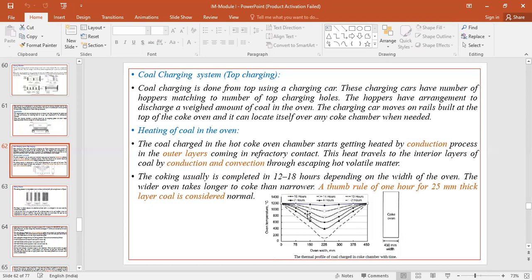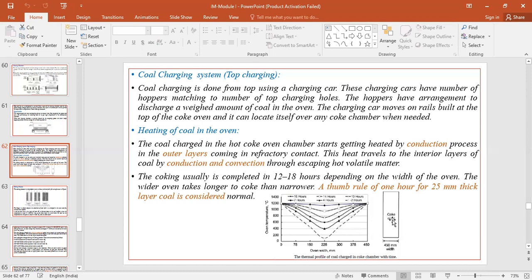Cooking basically takes place in nearly 12 to 18 hours. This is in general, but it depends upon the cooking process and the dimensions of the coke oven, the width of the coke oven. There is a thumb rule that it takes 1 hour to convert coal to coke for a 25 mm thick layer.